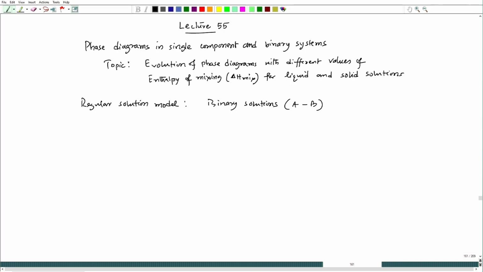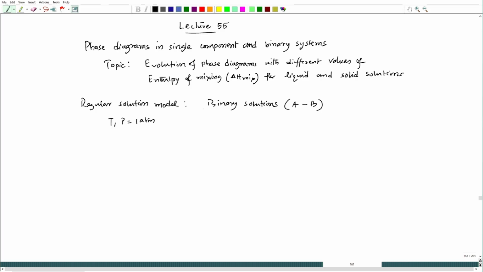Initially, let us start with pure metals at a particular temperature and pressure, which is considered to be 1 atmosphere. So, pressure remains 1 atmosphere over the entire temperature regime, and we can change the temperature, and at each temperature we will try to see the equilibrium conditions when the solutions are in solid or liquid state.